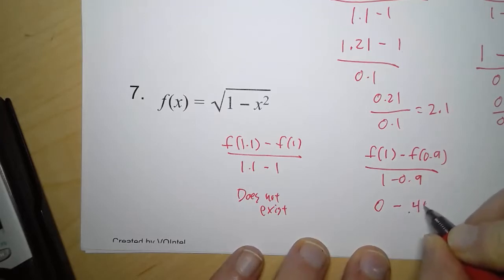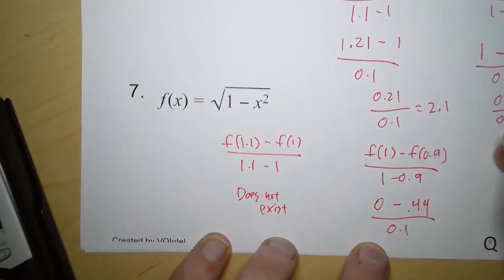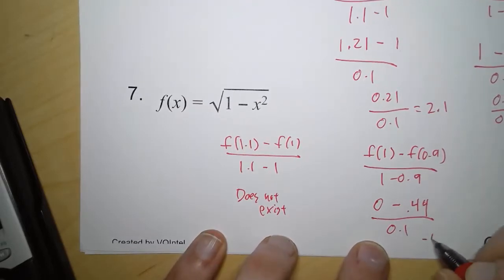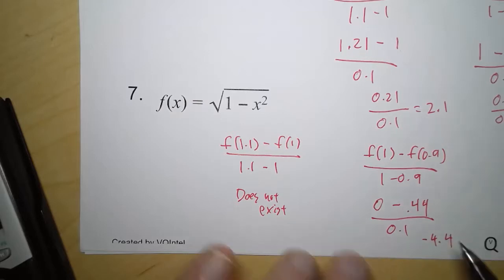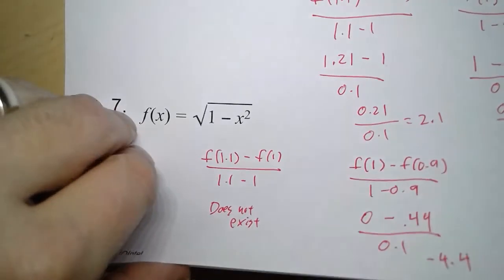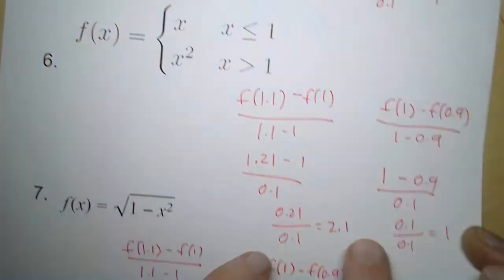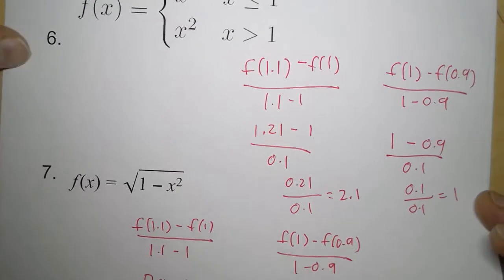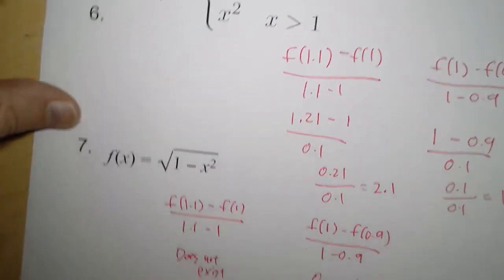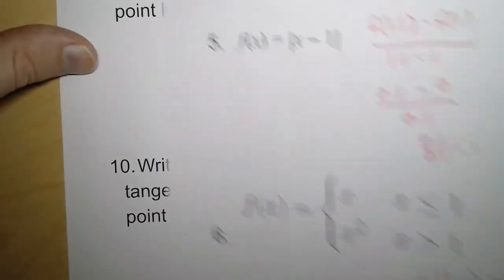We'll round that to 0.44 over 0.1, so we get a value of negative 4.4 coming from the negative side. But since the positive side doesn't exist, the tangent line, we can't approximate it. So for these above two, the slope from the left and the right didn't match. And so therefore we can't find the approximate slope. And for number 7, one side didn't even exist.